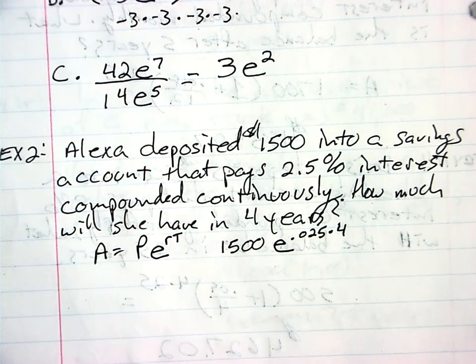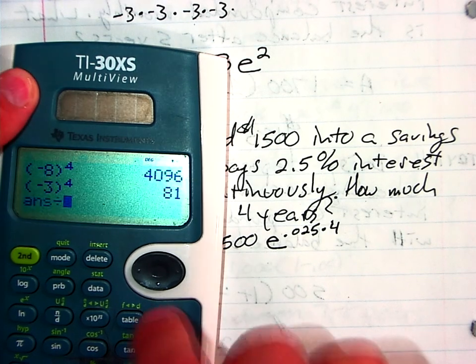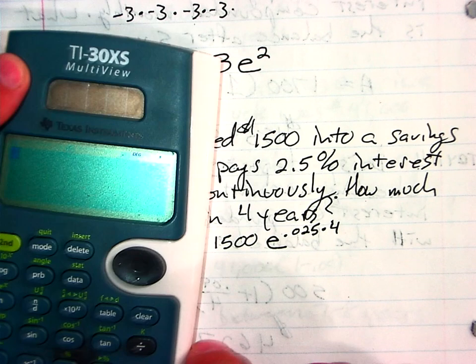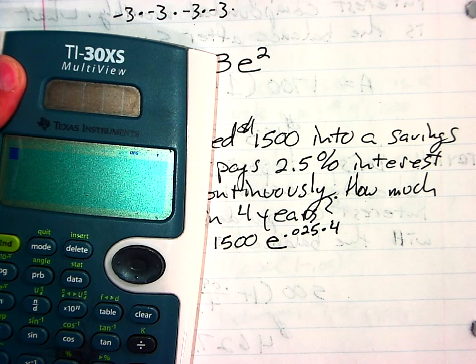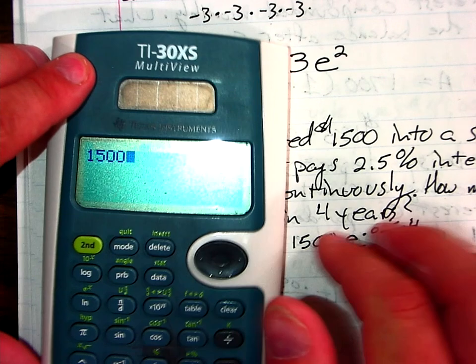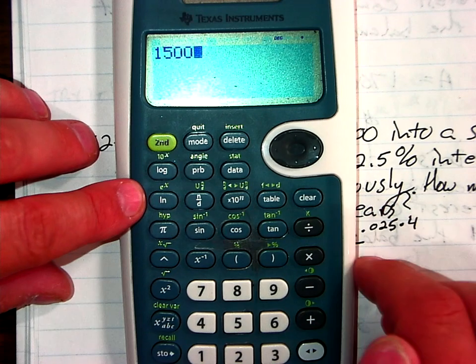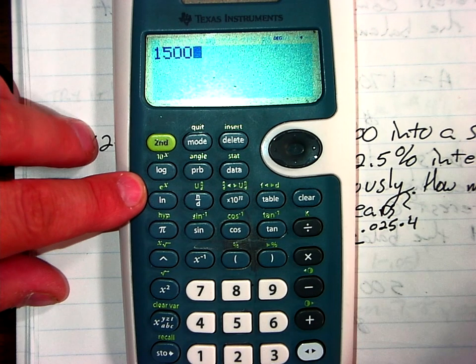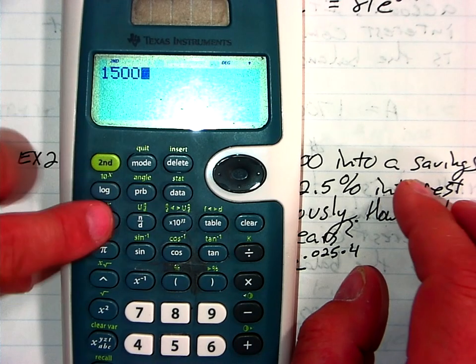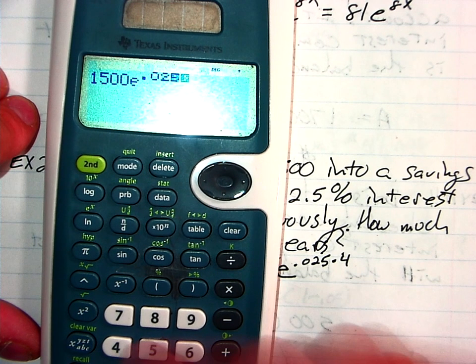So just plug that into your calculator and let's see what it gives us. Don't worry about making a mistake. I'm going to show you right now. 1,500. And then, Kyla, right above the ln, it says e. Do you see it? E to the x? Yeah. So hit second ln. Our rate is 0.025.